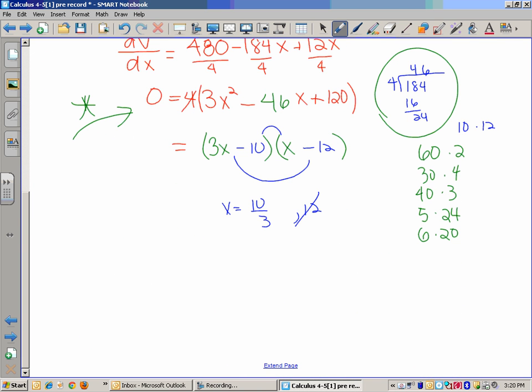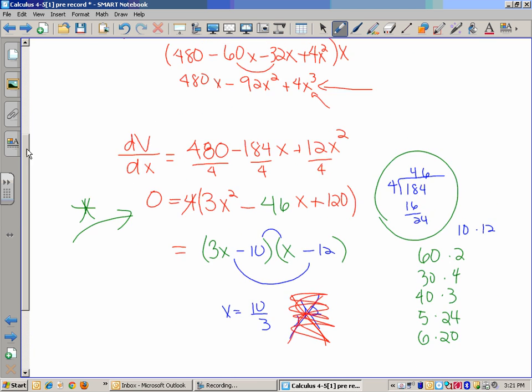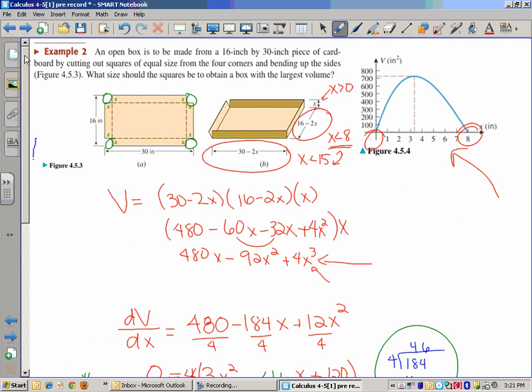So 12 is out. In fact, I want you to make sure you note 12 is out. It can't be 12 because of the domain restriction. So x has to be 10/3. And that makes me really happy, because when I come back up and look at my graph, it's close, 3 1/3.